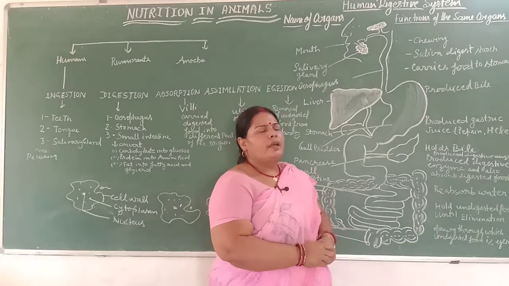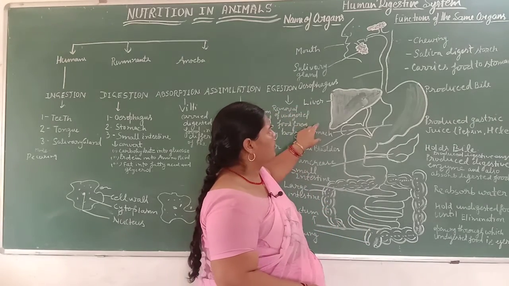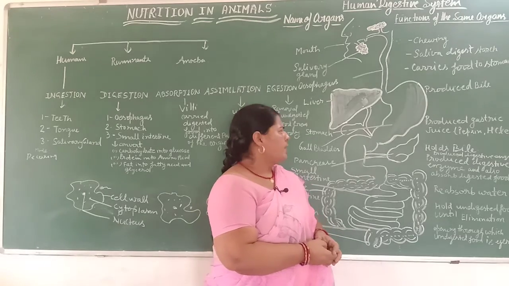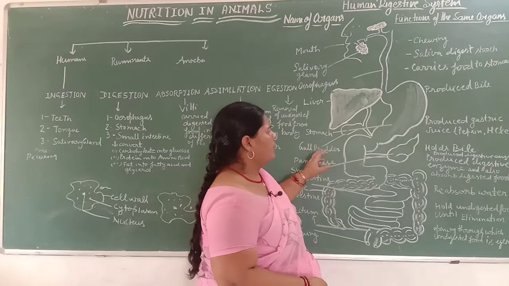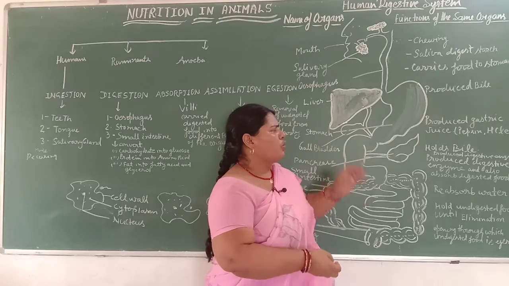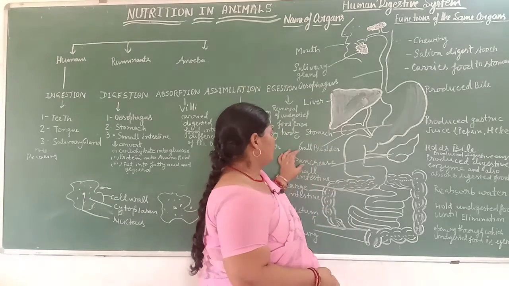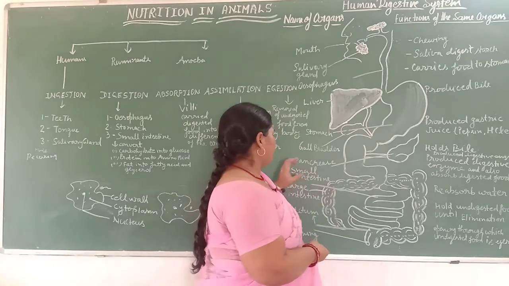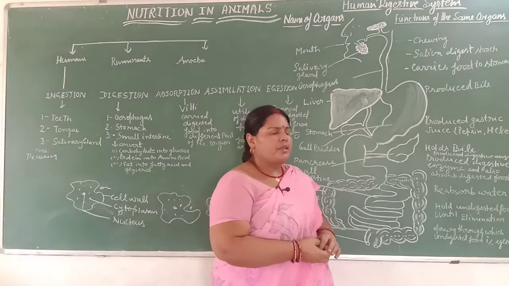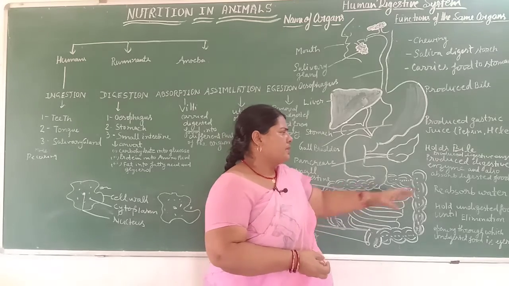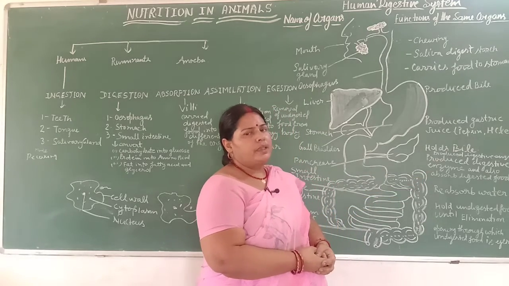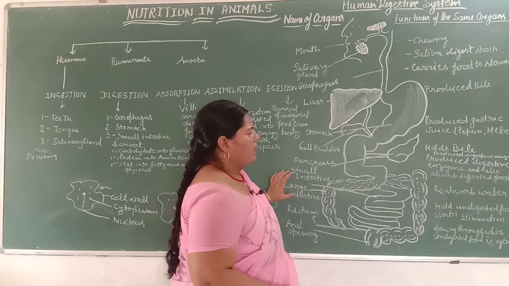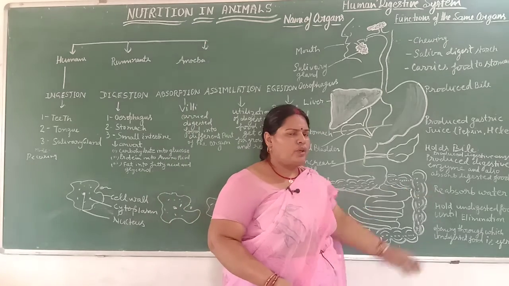The liver produces bile, and the stomach produces gastric juices, that is pepsin and HCl. The gallbladder holds the bile, and the pancreas produces digestive enzymes. The small intestine produces digestive enzymes and also absorbs digested food, and the large intestine reabsorbs the water.